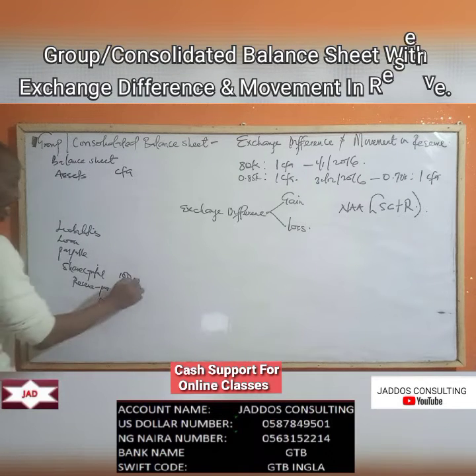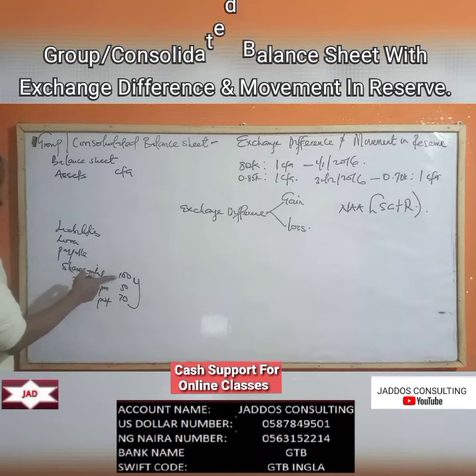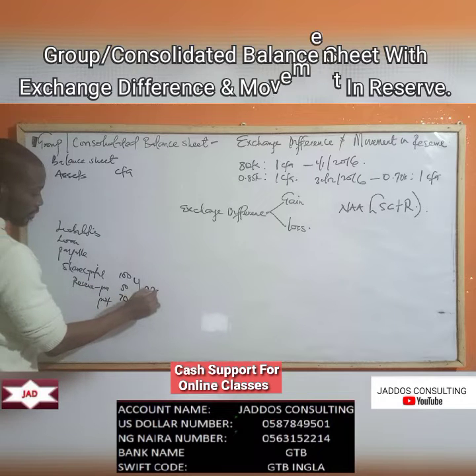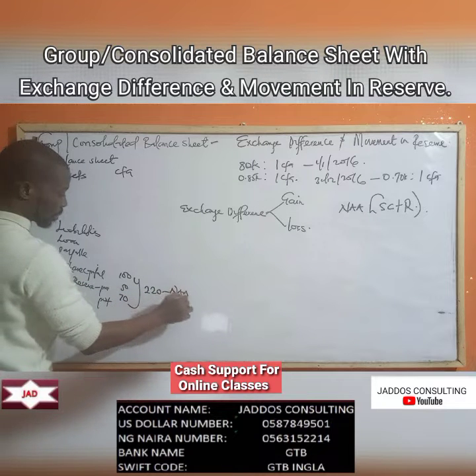So our net asset acquired is 100 plus 50, that is 150, and the total will be 220.